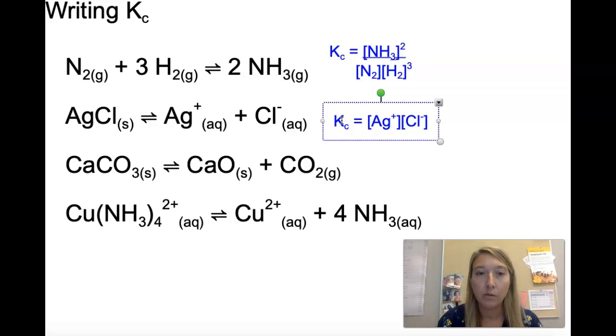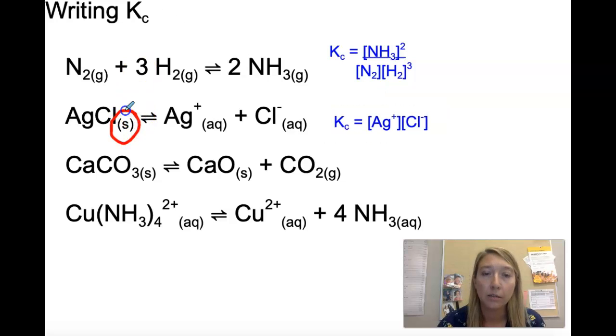So why are we putting this over nothing? Let's have a look. AgCl is a solid. We said solids don't belong in Kc. So either I can put this over nothing, or if I really want, I could put this over 1. That would be the same thing. But I do not get to put the concentration of AgCl into my Kc expression because it's not aqueous or gas, it is a solid, and solids do not belong.